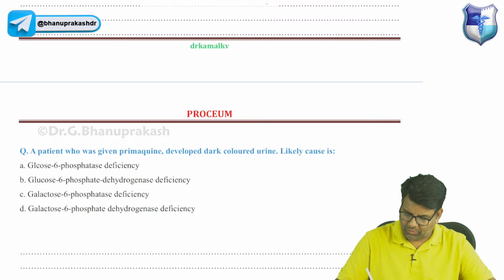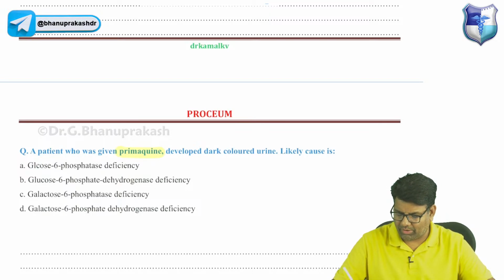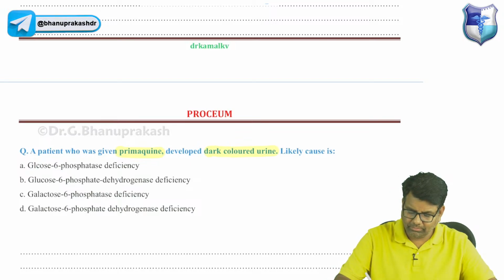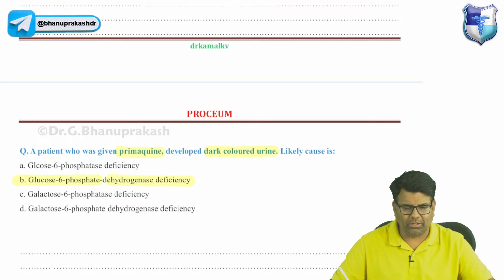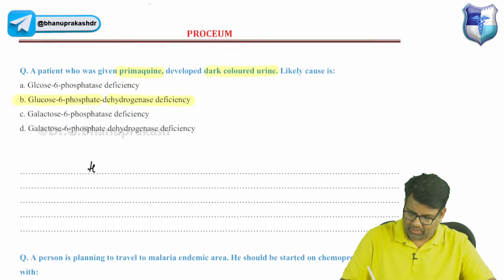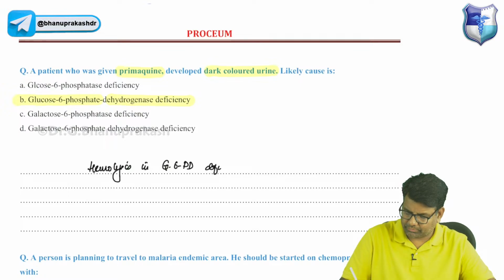Next question, a patient was given primaquine, but he developed dark colored urine. What could be the reason behind this? Yes, this is glucose 6-phosphate dehydrogenase deficiency, and we know that there is this concept of hemolysis in G6PD deficient persons.